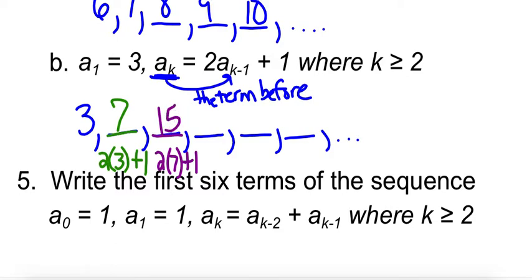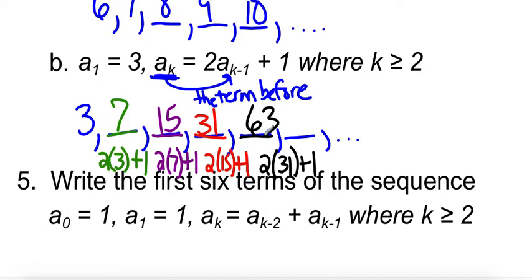To find the next term, we do the same, and to find the next term, you take 2 times the number before it and add 1. Oh, I guess we only needed the first 5 terms. Good enough. And so on and so forth.